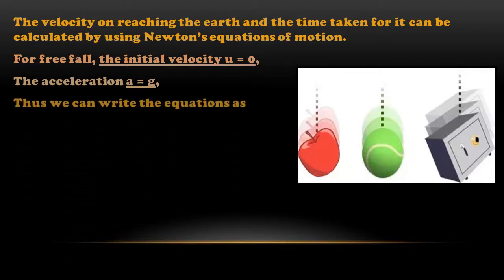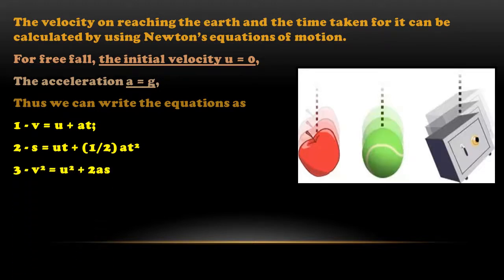The three equations of motion are: first, v = u + at; second, s = ut + half at square; and third, v square = u square + 2as.